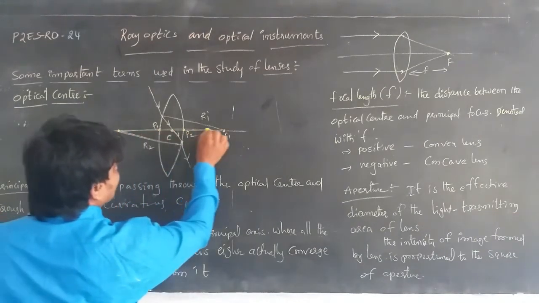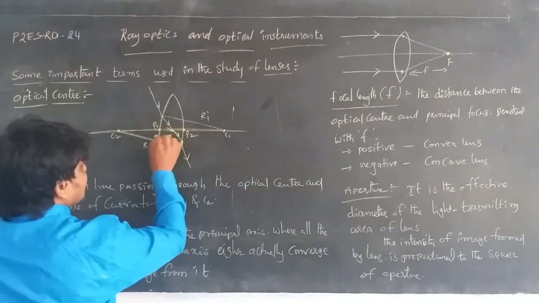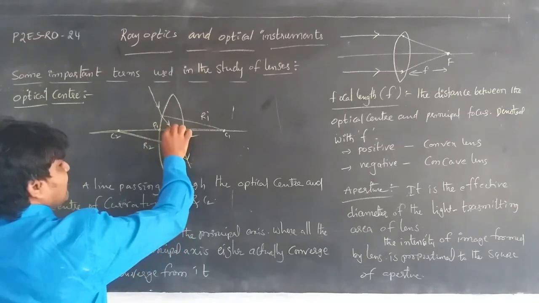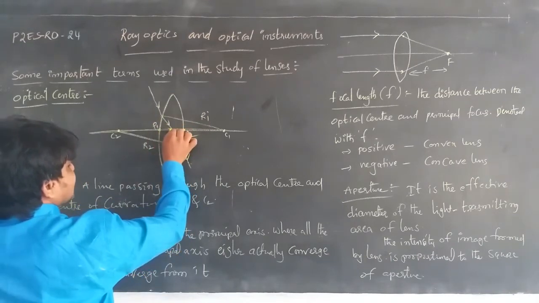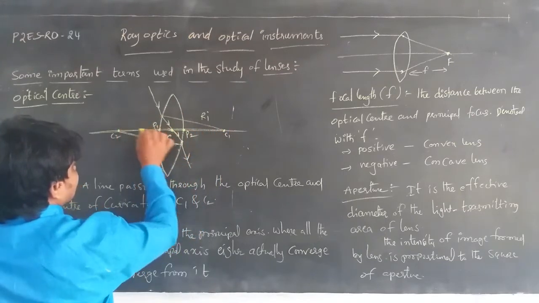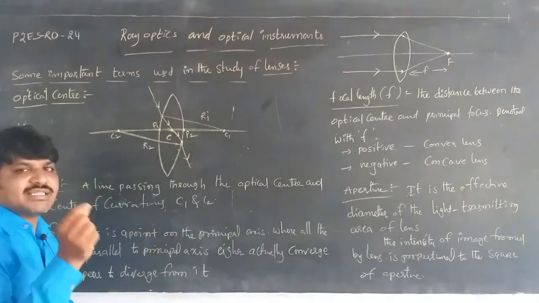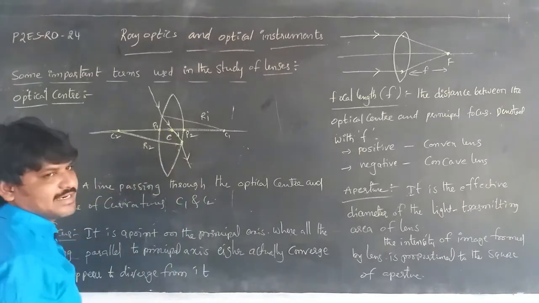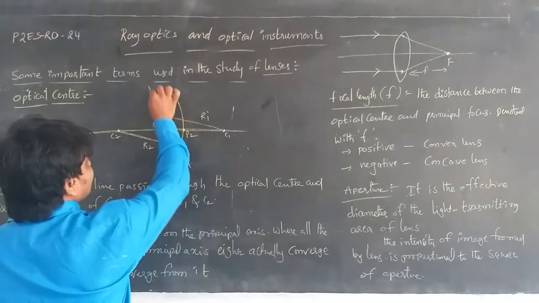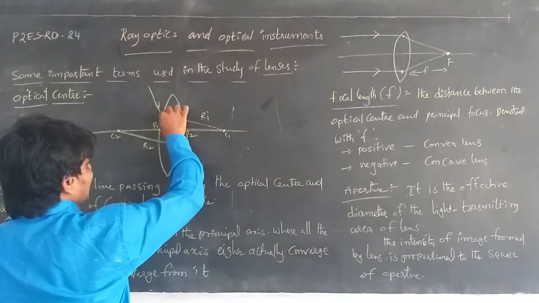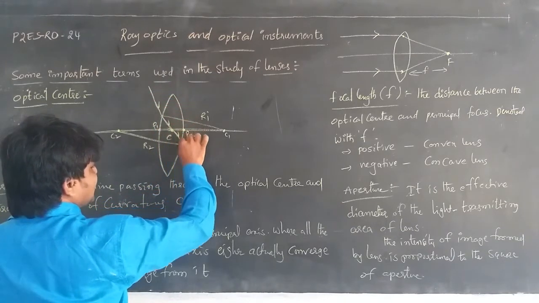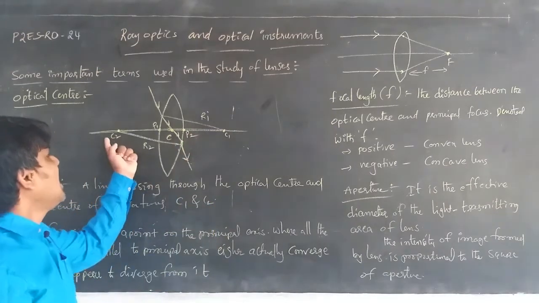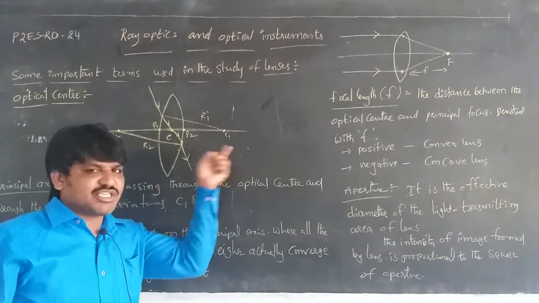It is a point on the principal axis which separates the lens with its radius of curvature, meaning it divides the thickness of the lens equally. This is called the optical center, which refracts the ray so that it emerges parallel to the incident ray without any deviation.